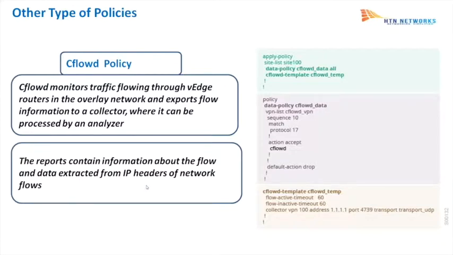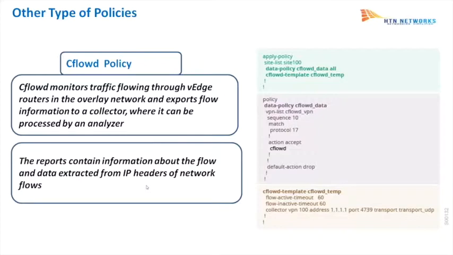Then the port numbers, on what port this information is supposed to go. So those kinds of information are there in the IP header. Based on the IP header, it picks up the flows, and then sends this data to a collector, and then the collector device processes the data and generates the reports.